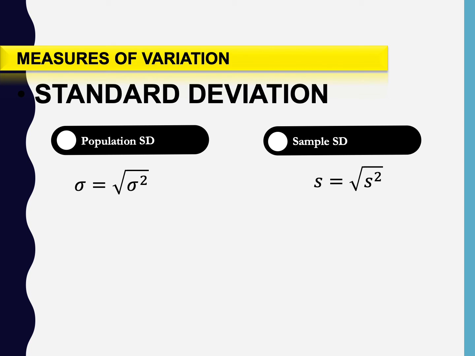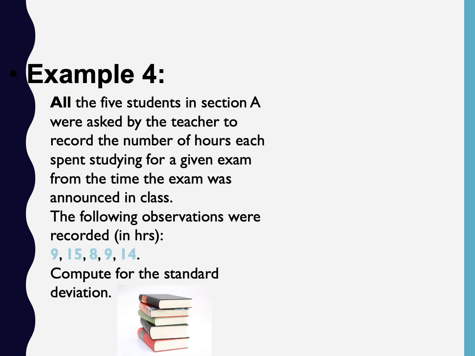The next measure of variation is your standard deviation. So to get the standard deviation, you just simply get the square root of your variance. So for the population standard deviation, that is denoted by sigma, whereas the sample standard deviation is denoted by S. So in the previous example where we got the population variance, compute for the standard deviation.